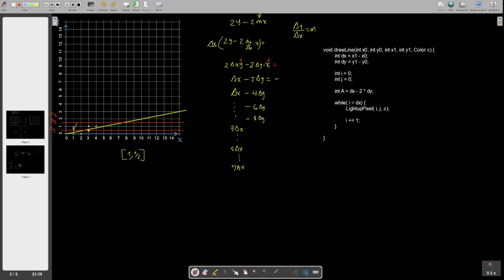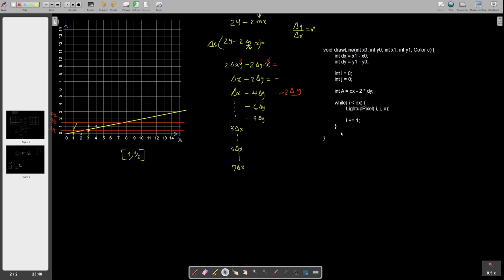But remember that with increasing I, our next evaluation is going to add this negative term to the current value. So if this is my current iteration, and I'm always going to increase x, note that when I increase x, it is nothing more than adding this to the value.